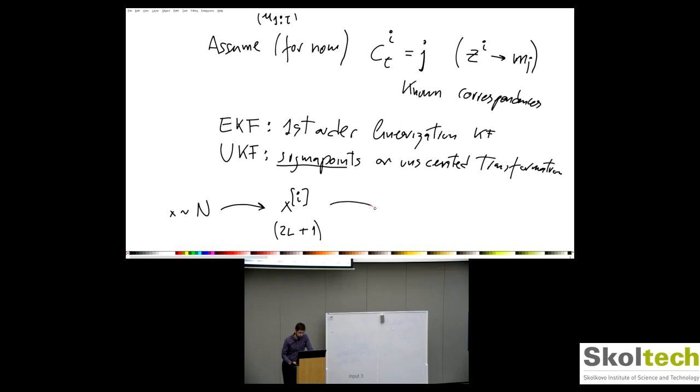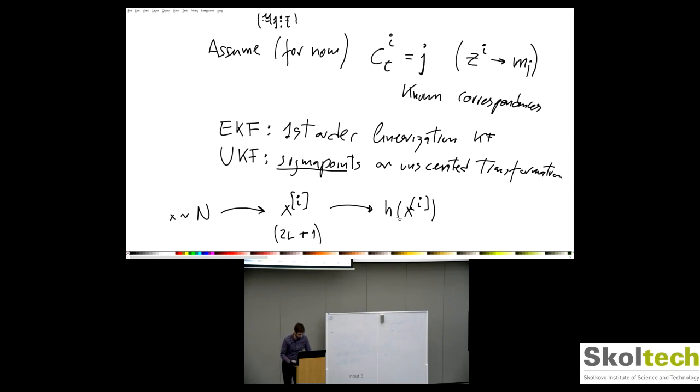And then what we do is we simply apply whatever nonlinear function we have to each of these points. So if you remember, the difference when we apply the extended Kalman filter is we just do this once for the mean, right? So we just apply this nonlinear function to the mean, and then we were doing covariance propagation. Now it's a little different. Now we propagate this for all particles.